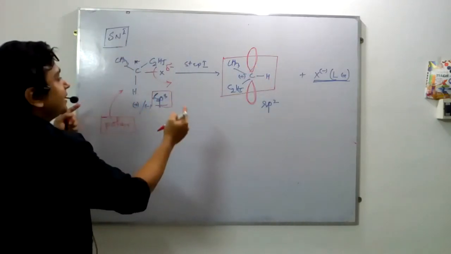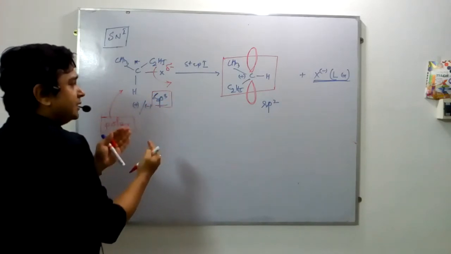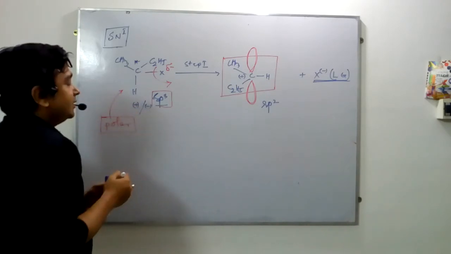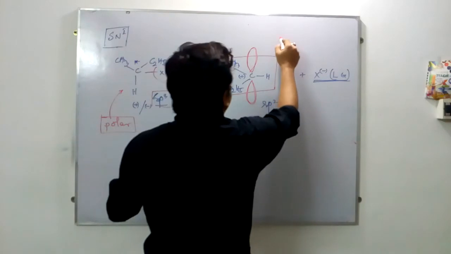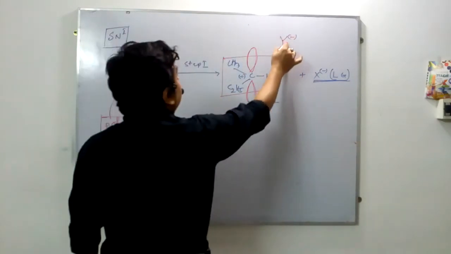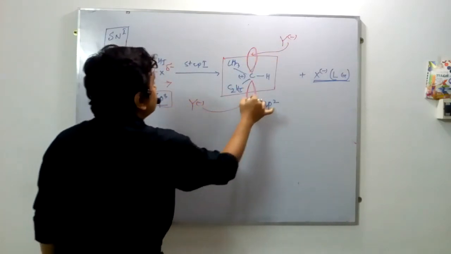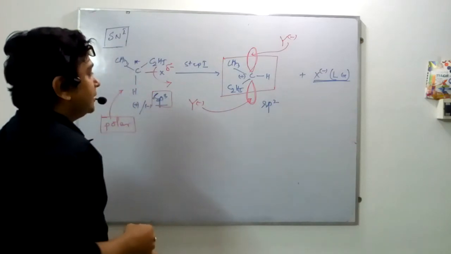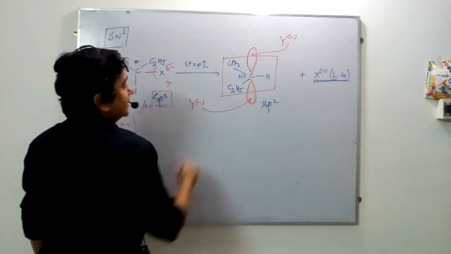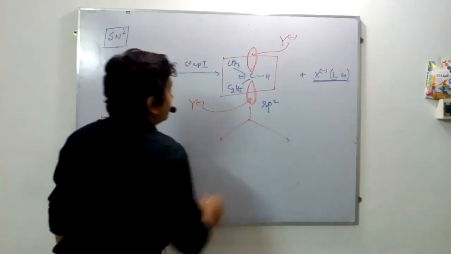Whenever there is a bond cleavage and a cation and anion form, the cation will definitely hold a vacant p orbital. Now what happens in this vacant p orbital? A new nucleophile from outside may come and join in this lobe, and it may come and join in the other lobe also. If this is the front lobe and this is the rear lobe at the back, then there is a probability of formation of two compounds.